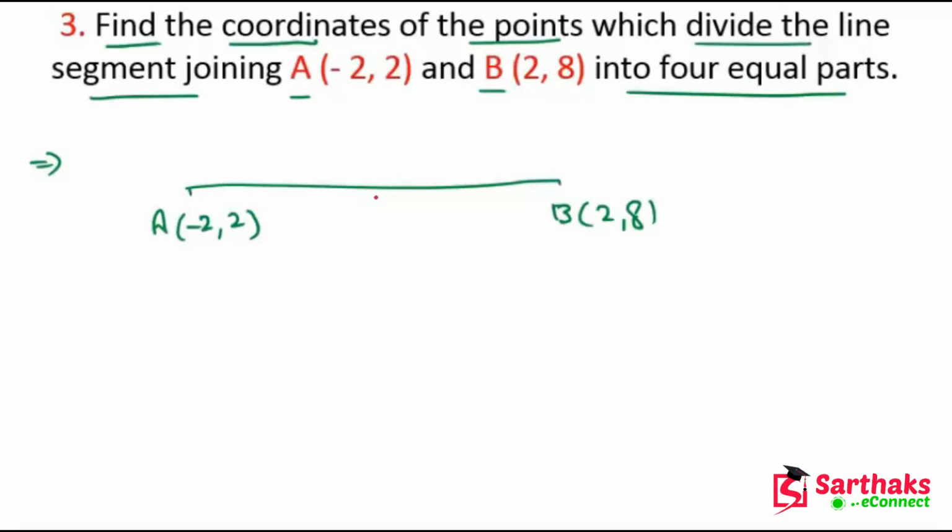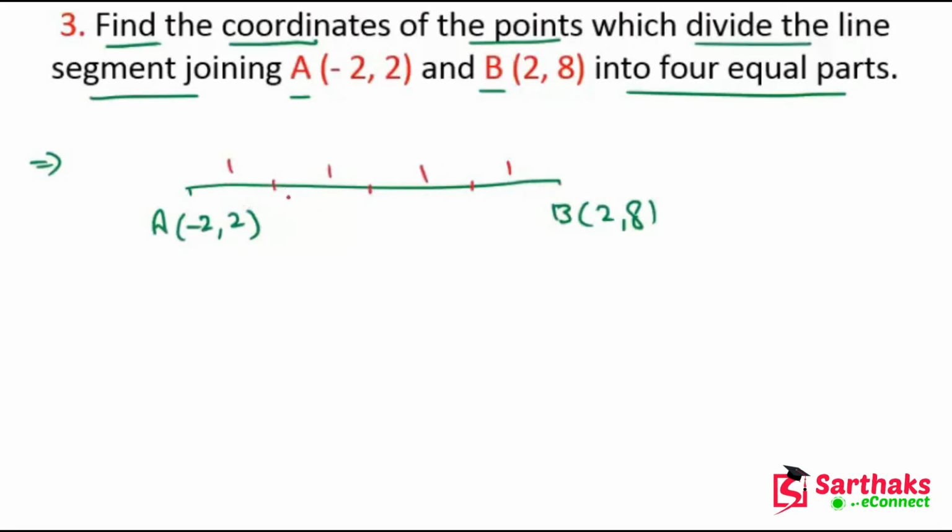Let's suppose this is the middle, and this is also divided. So we have four equal parts: this is the first part, second part, third part, and fourth part.